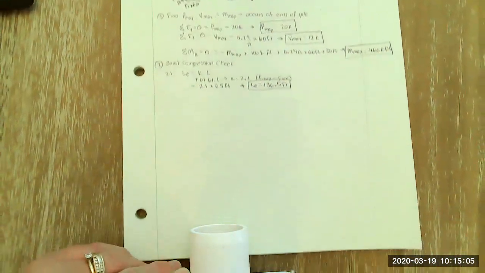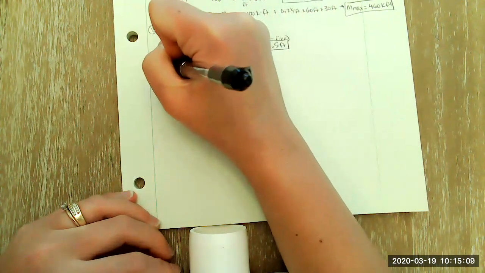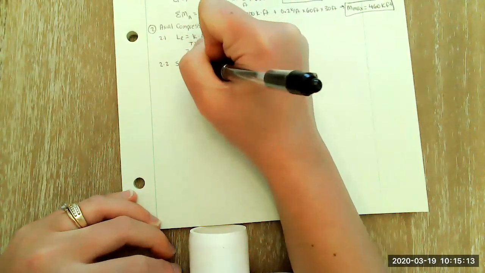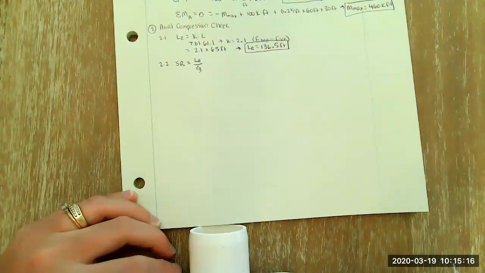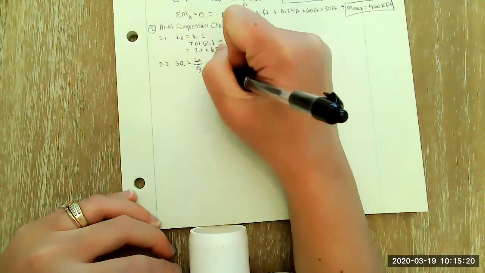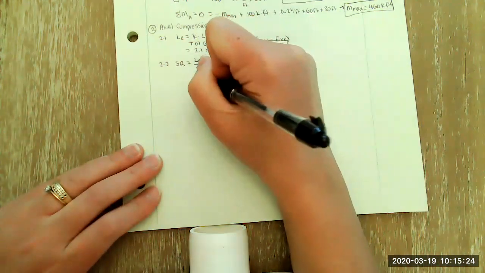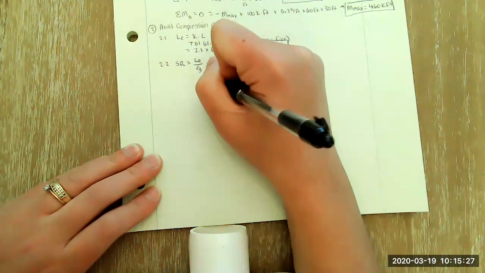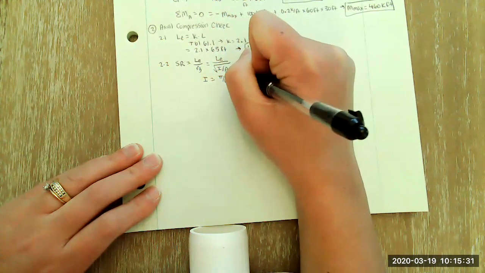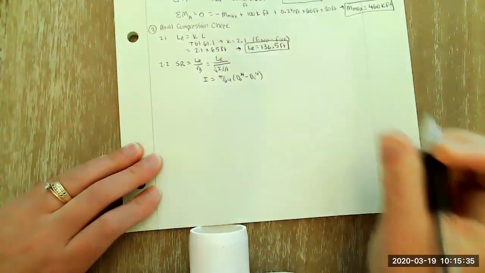Great. Next we can calculate our actual slenderness ratio. This is step 2.2, SR, which is equal to our effective length over the radius of gyration. The radius of gyration is equal to the square root of the moment of inertia divided by the area. I can calculate the moment of inertia for a pipe, which is equal to pi over 64 times d outer to the 4th minus d inner to the 4th.